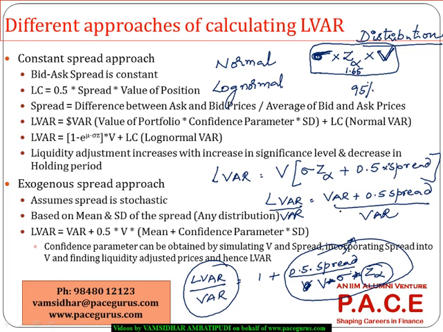Z alpha going down, this entire ratio will go up, means LVAR to VAR ratio will go up, which means the liquidity risk, probably the liquidity cost or liquidity risk, will increase.